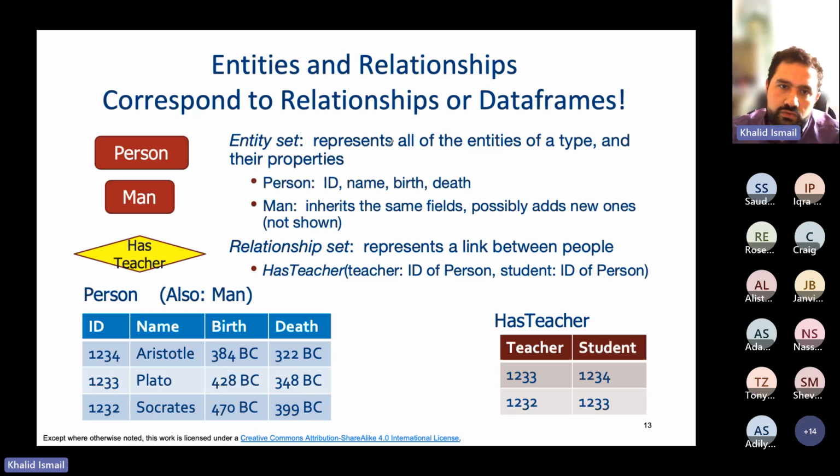Right. So let's talk about entities and relationships in correspondence to relationships and data frames. So in this process, like the planning phase of the project, exactly. So this is the planning or the design phase of your project. So normally, if you're working on a certain project, you need to design the data for that project. Say, for example, if you do software for a library.